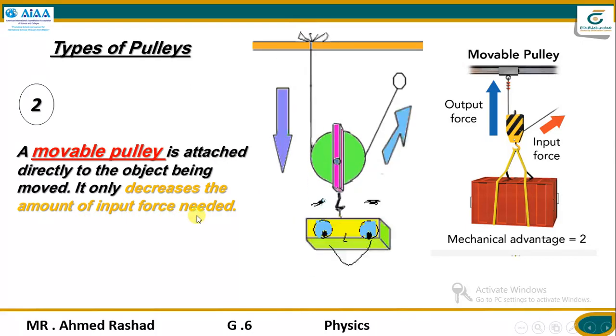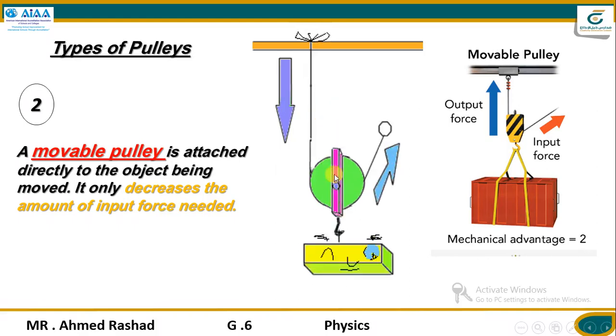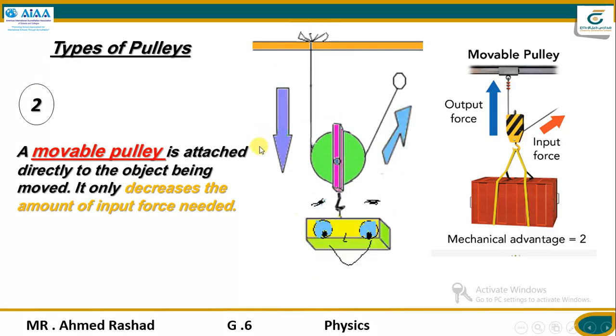This pulley is in motion, changing position, not like the fixed one. And here we can lift the object from the ground by decreasing the amount of input force compared to the output force. This is kind number 1 and number 2 of pulleys.